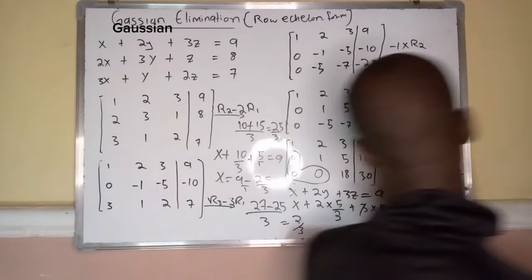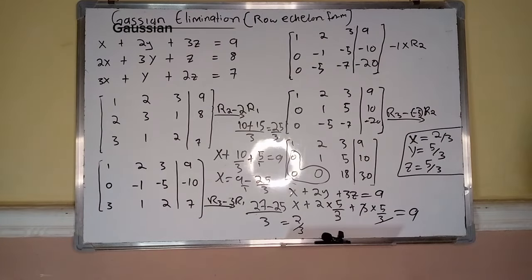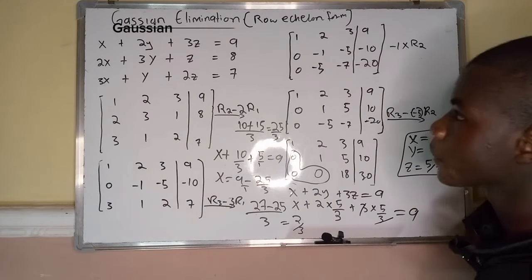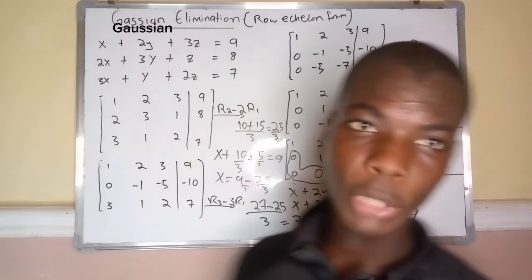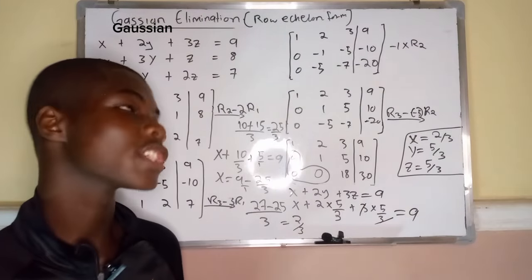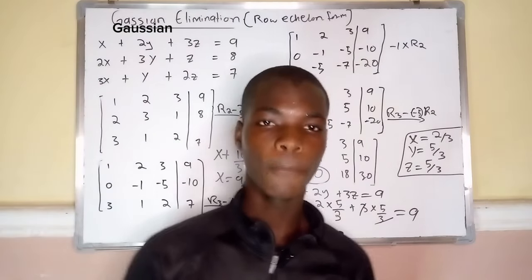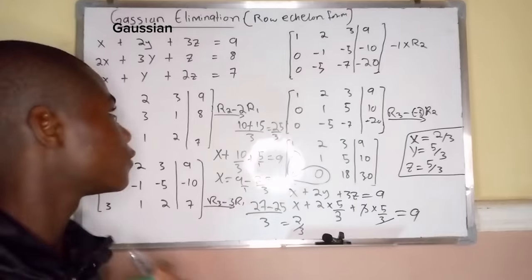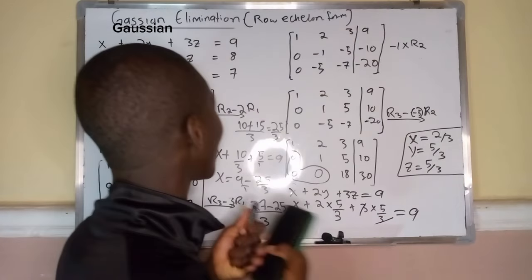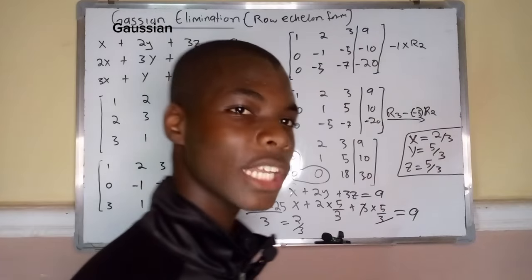I have the value of x, the value of y, and also the value of z. So this is the Gaussian elimination method, the row echelon form. I hope this video is helpful to you in solving different kinds of questions under Gaussian elimination.